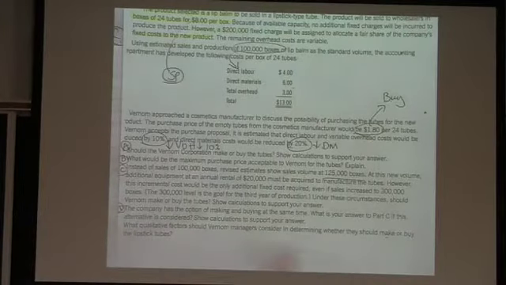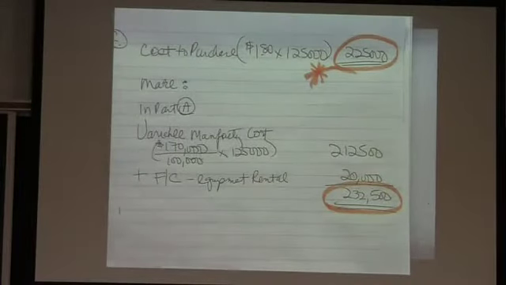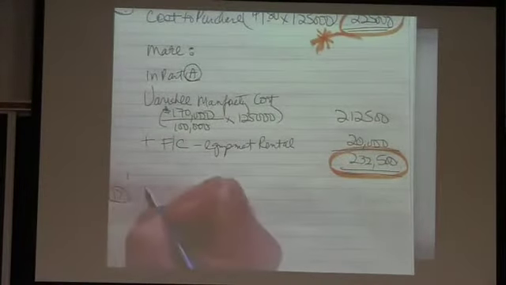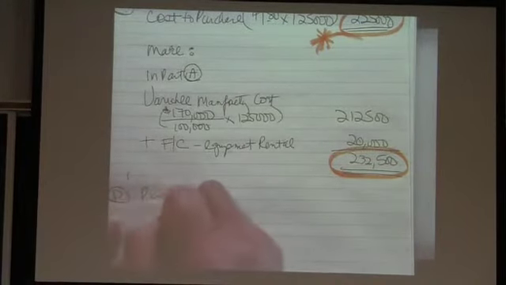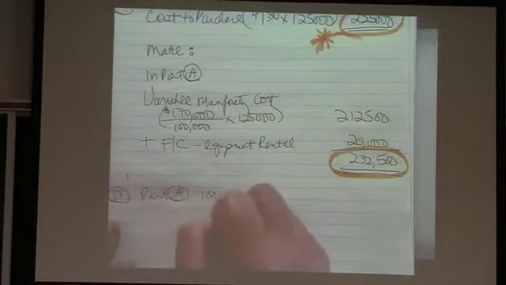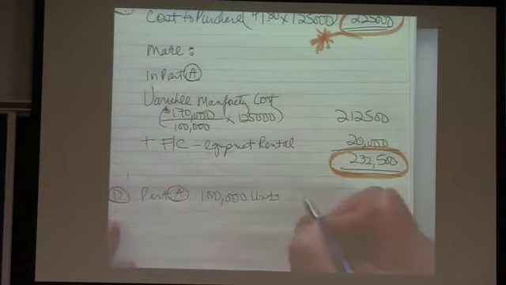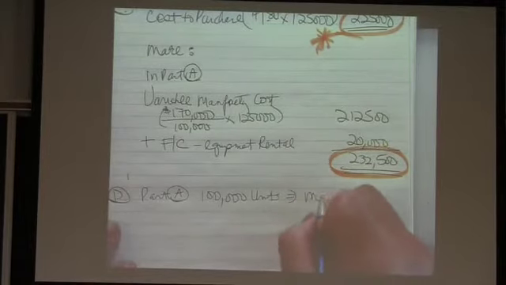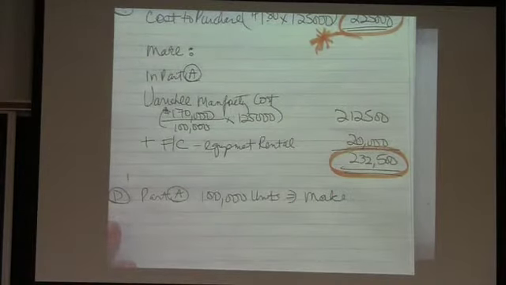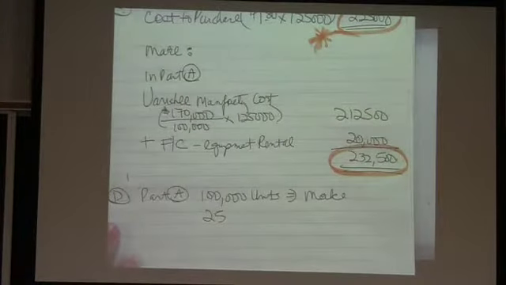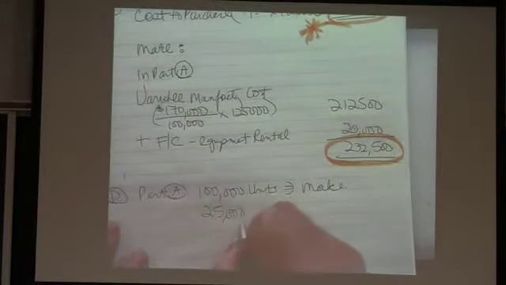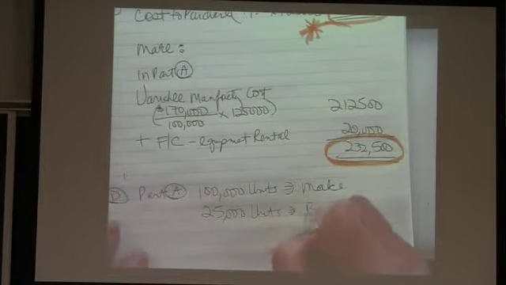In other words, now we know that in Part A, at 100,000 units, it was better for us to make. And we know that in Part C, at 125,000, it was better to buy. So we're going to say that the extra 25,000 units we're probably going to buy.